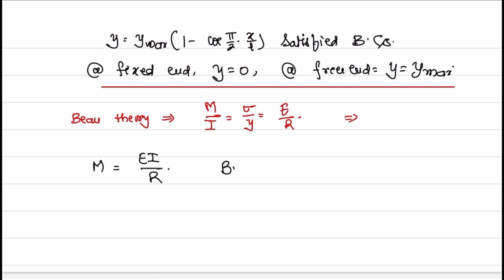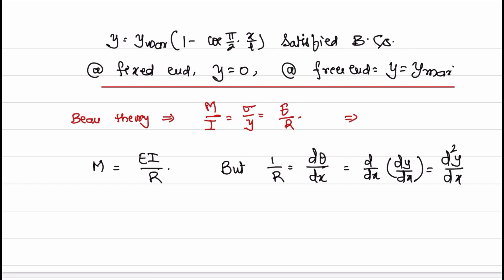But 1 by R is equal to d theta by dx. That also I have explained to you in my previous lectures. Because theta is very small, we have treated this as d by dx of dy by dx, that is equal to d square y by dx square.